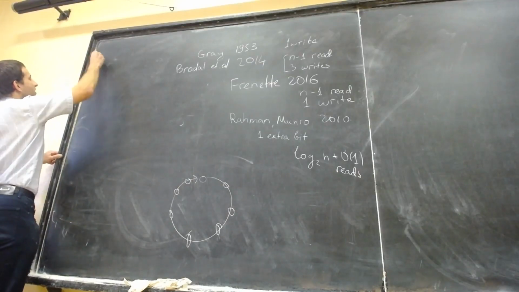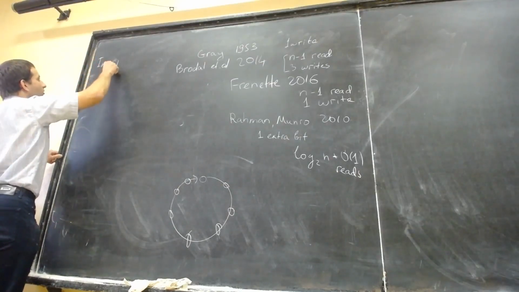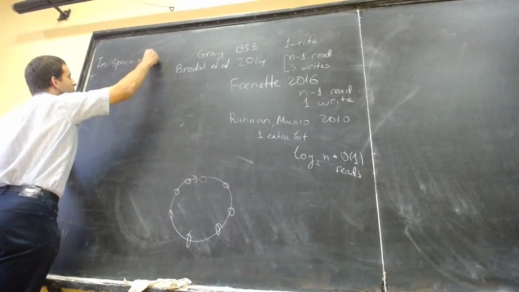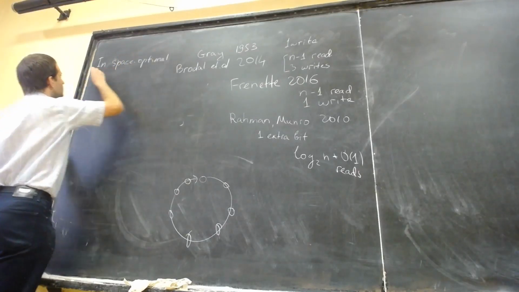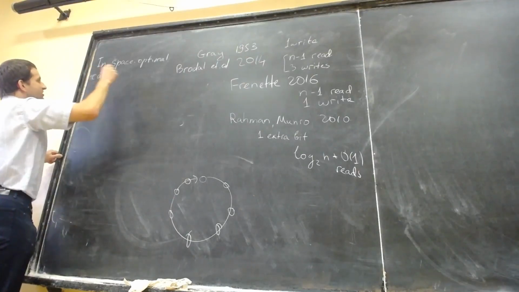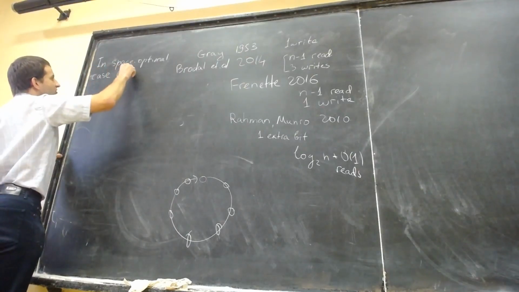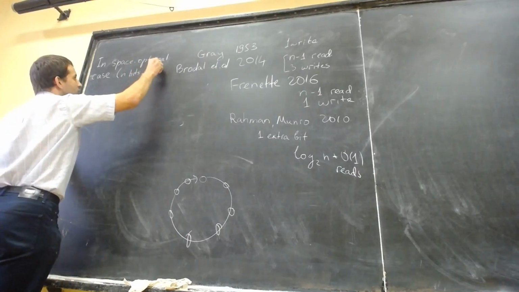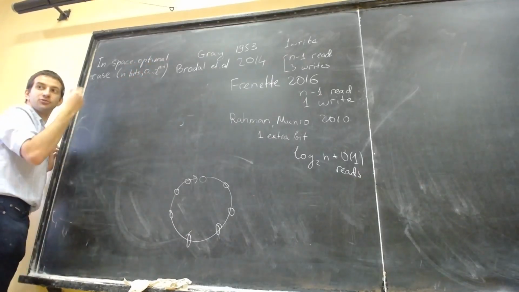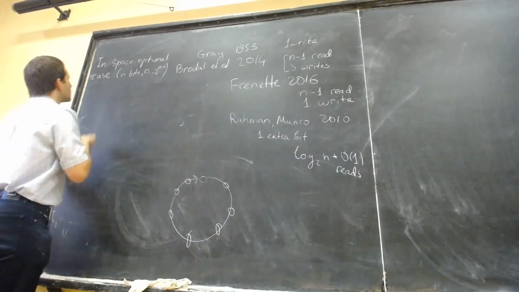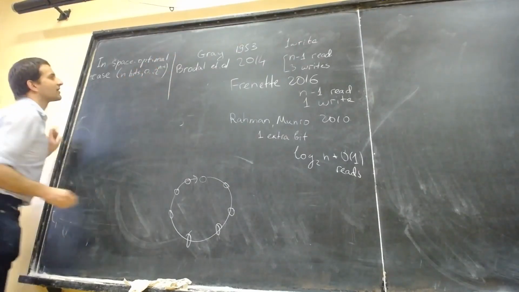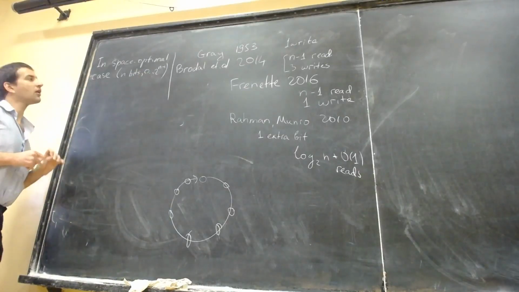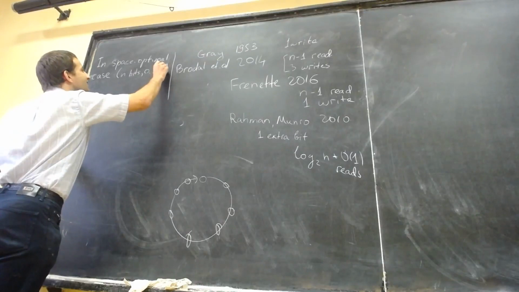In the space optimal case, we have to represent 2 to the n numbers from 0 to 2 to the n minus 1. Oops, sorry. Okay.